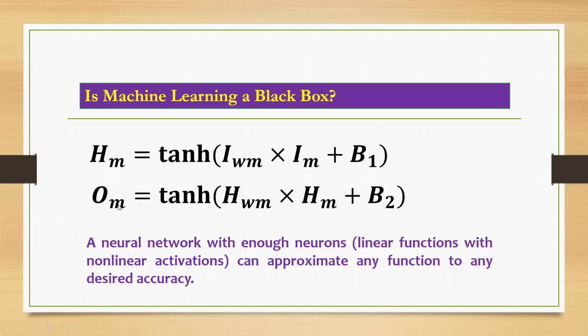So OM is the output matrix, and it depends on this hidden matrix. So the hidden matrix becomes the input when the output is going to be gotten, and it's again multiplied by the weight matrix in that layer. And then there's also the bias vector, like the slope and the intercept in that equation.